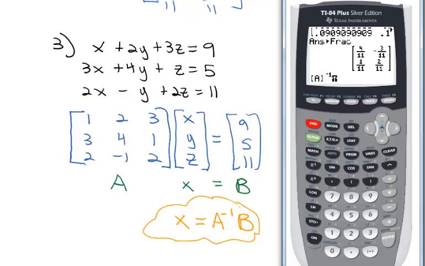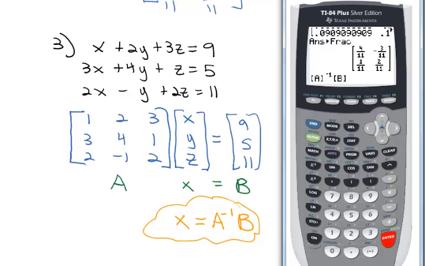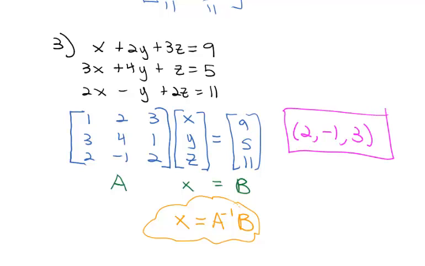And then second matrix, matrix 2 is matrix B. And so we type in A inverse B on our calculator and hit enter, and it's going to give us the 3 solutions to this system of equations. 2, negative 1, 3 is the solution to this system of equations.